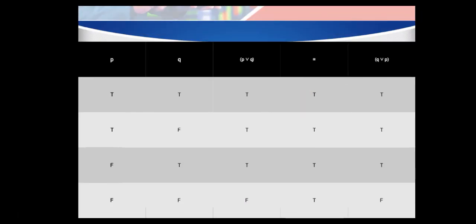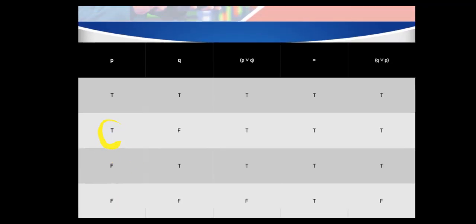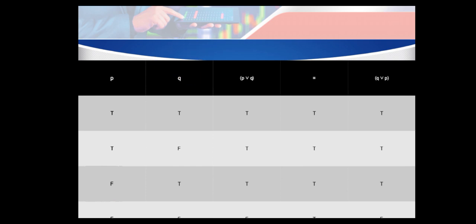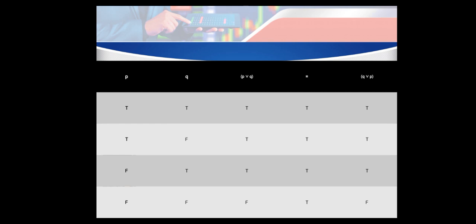Okay. For example, for P we have T, and for Q we have F. Say T is equal to 5 and the value of F is equal to 2. By the way, if we say disjunctions, we find the maximum value. Again, for disjunctions, or the "or", we find the maximum value.